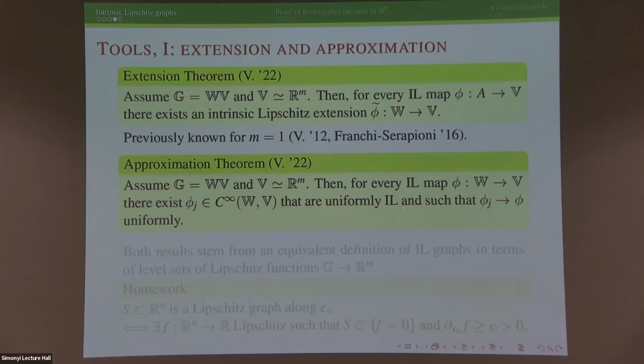So you can always approximate an intrinsic Lipschitz map, provided again you have this assumption that your target is isometrically isomorphic to some Euclidean space. So in particular, it will be horizontal and abelian.